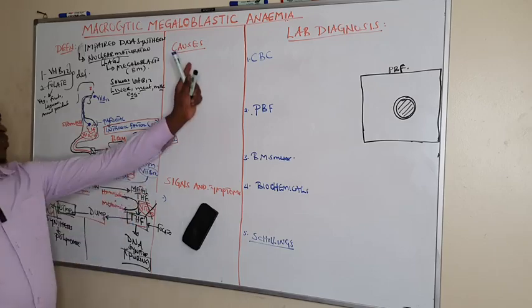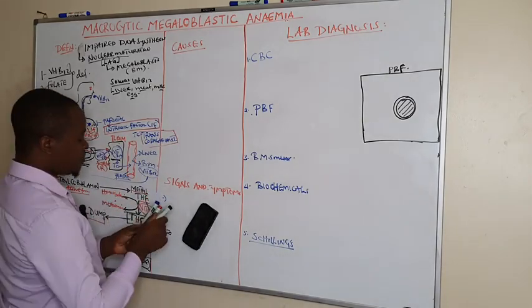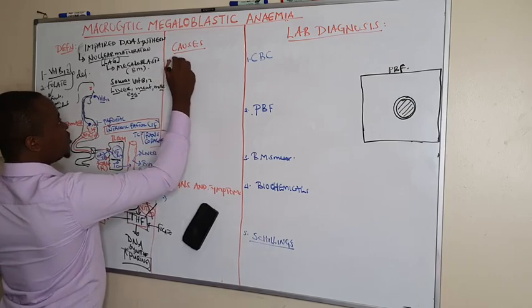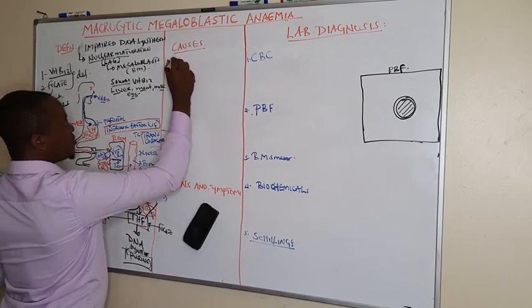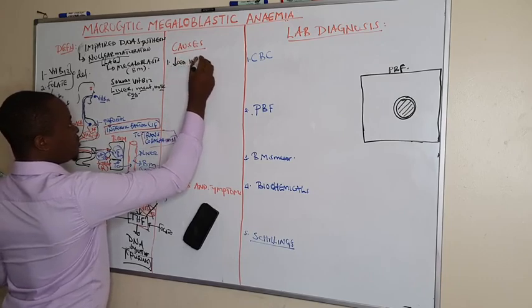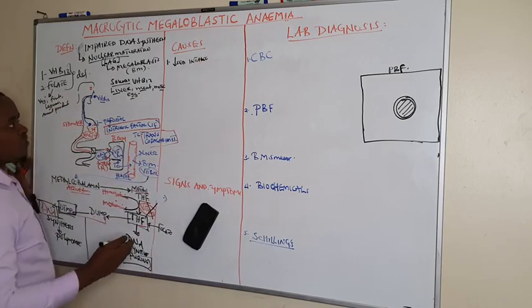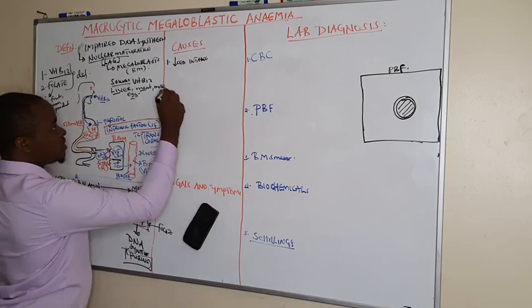So we shall see some of the causes under there. So this one leads to causes whereby cause number one, we are going to categorize them into three. Either one can be due to decreased intake, because folate or vitamin B12 deficiency can be decreased intake.